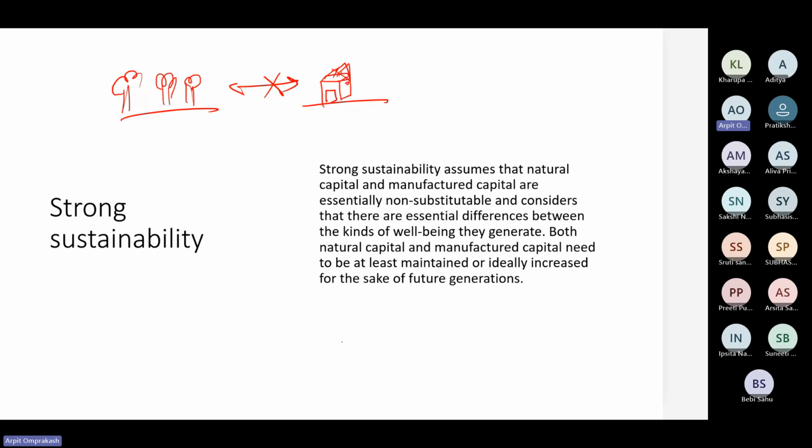So for something to be sustainable, according to this definition, it should either maintain or increase the value of both of these. So in this case, our factory A will not be sustainable because it is decreasing the quality of one resource, but factory B will be sustainable because it's maintaining the quality of a resource, but also manufacturing something that is of value.